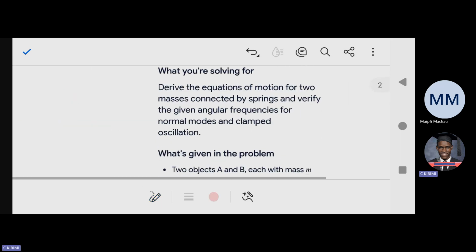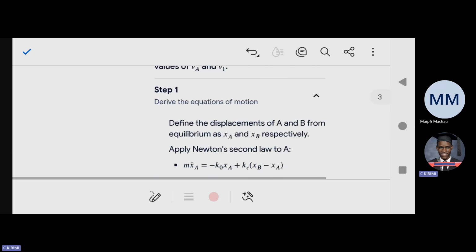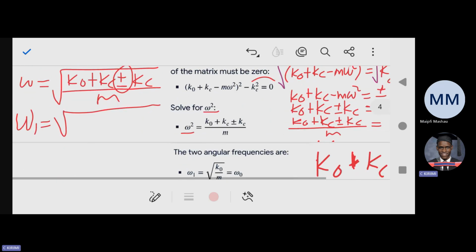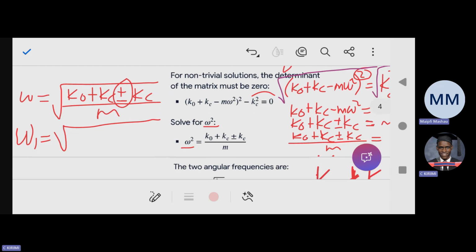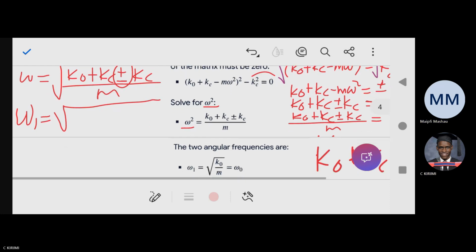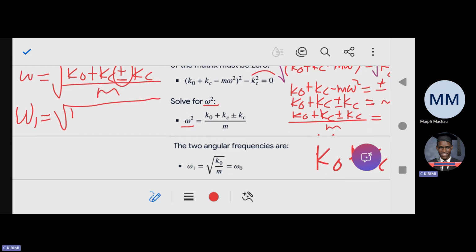So here you are no longer going to choose anyhow. You are going to choose so that you suit the condition which was given. So my first root, I'm going to put a Kc minus. It will be K naught plus Kc minus Kc, over M. That is my first root.